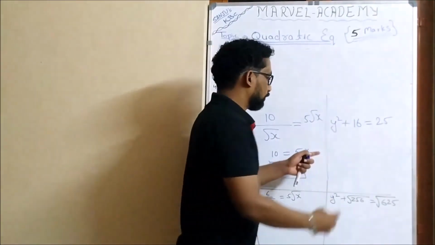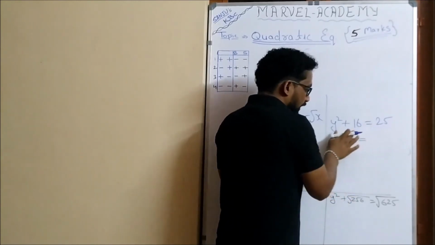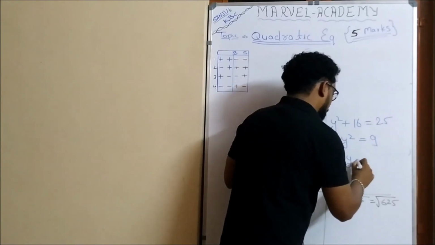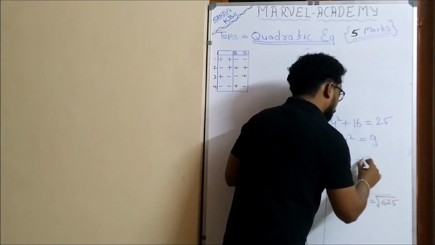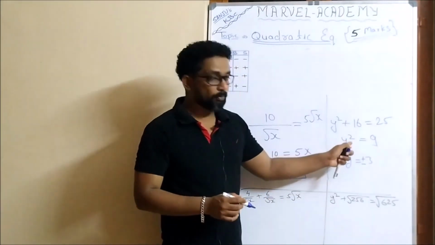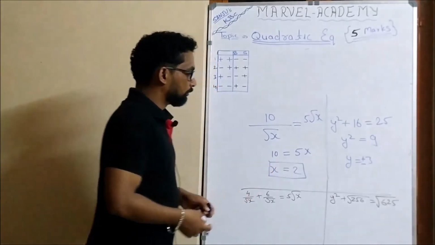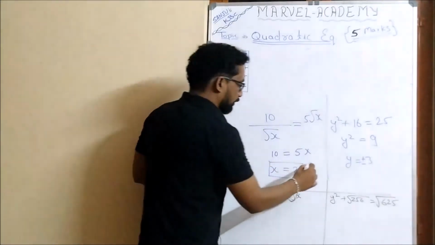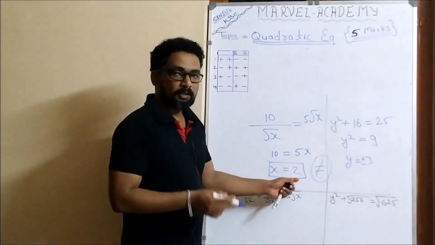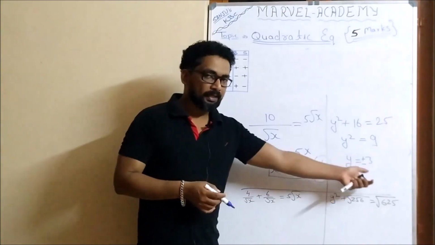So definitely y square will be 25 minus 16, that is 9, and y will be positive 3 and negative 3. Why? Because the power value is an even number. So here also we cannot establish the relationship, as 2 is less than positive 3, but 2 is greater than negative 3.